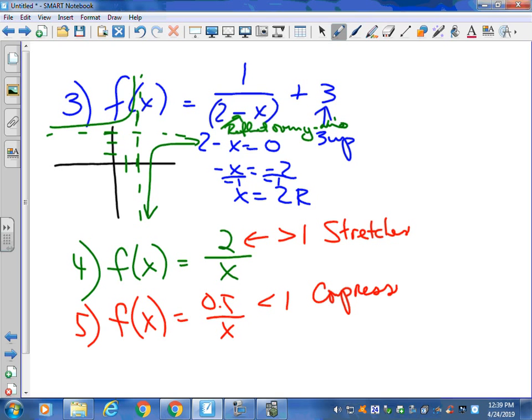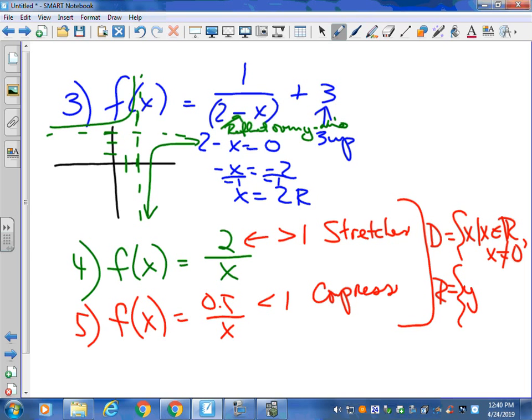So the domain and range for both of these problems would be what we talked about originally, because there's no adding or subtracting in there to change it. So only adding and subtracting changes your domain and range to give you that sense of my vertical asymptote and horizontal asymptote are moving.